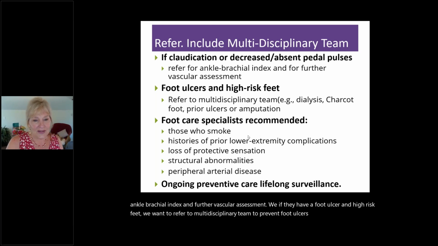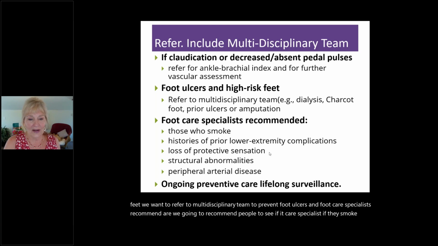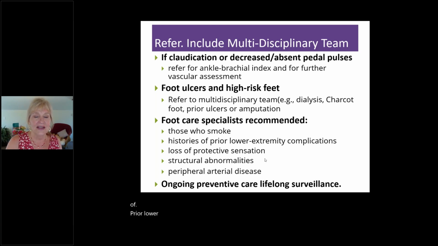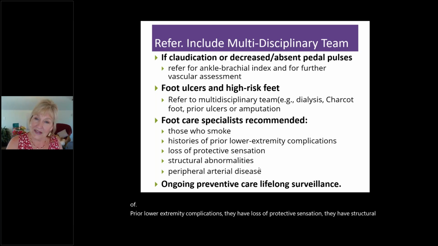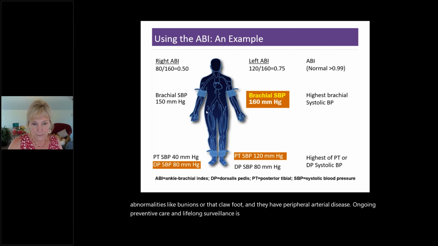We're going to recommend people see a foot care specialist if they smoke, have a history of prior lower extremity complications, have loss of protective sensation, have structural abnormalities like bunions or clawfoot, and have peripheral arterial disease. Ongoing preventive care and lifelong surveillance is critical.